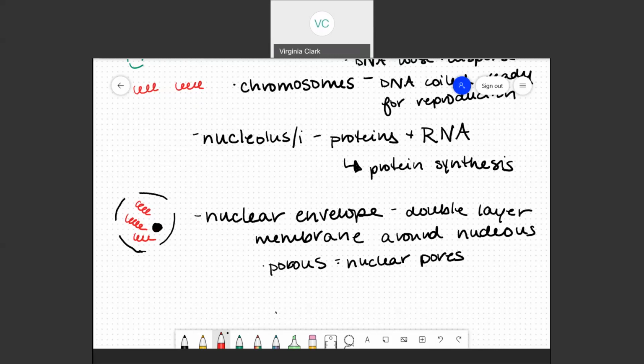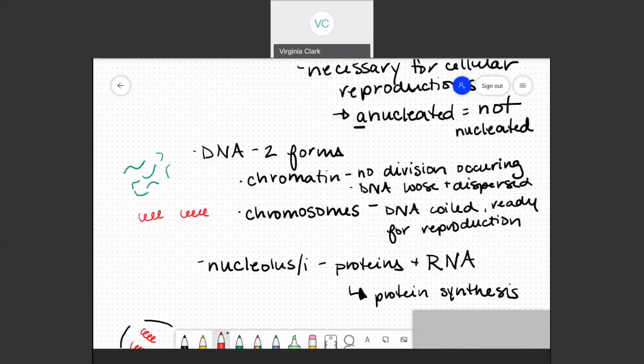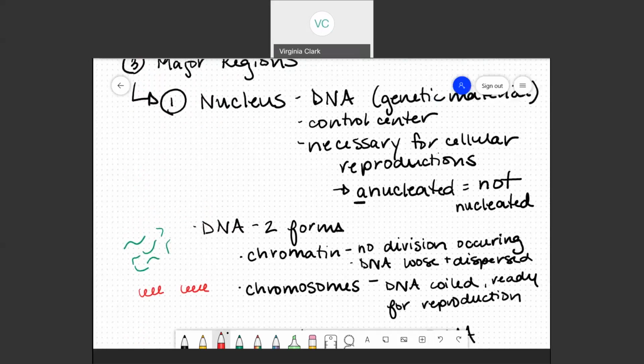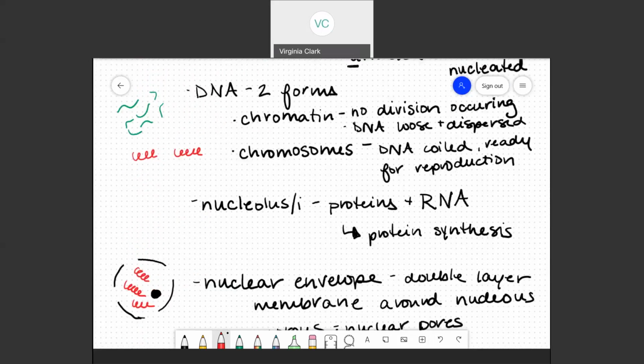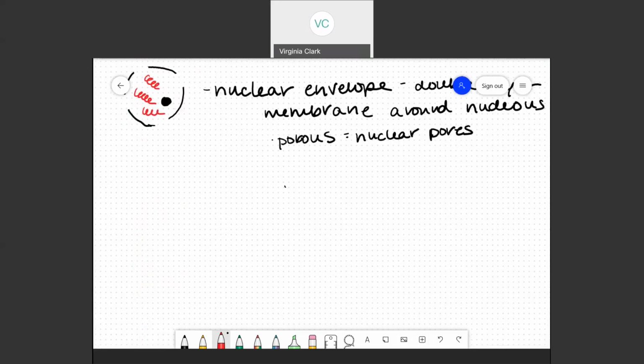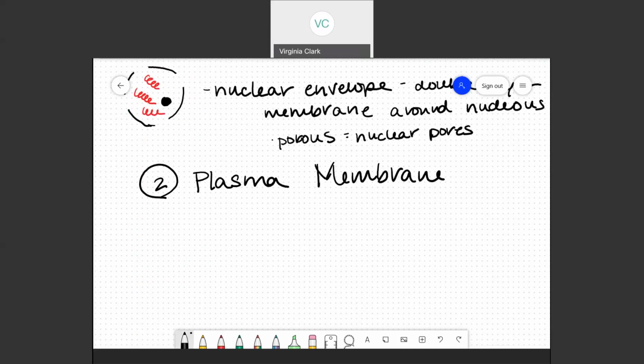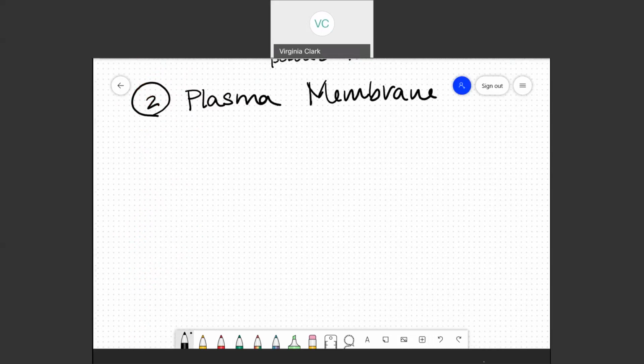So the first part of our cell was the nucleus. The second major region of our cell is the plasma membrane. So when we're looking at the plasma membrane, what we're looking at here is the structure that will surround the cell.